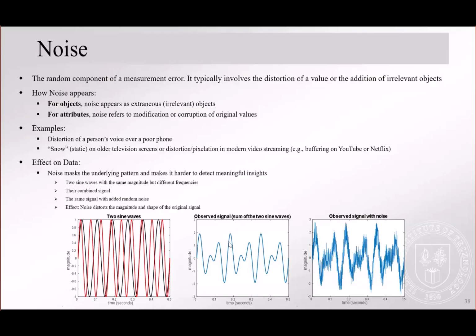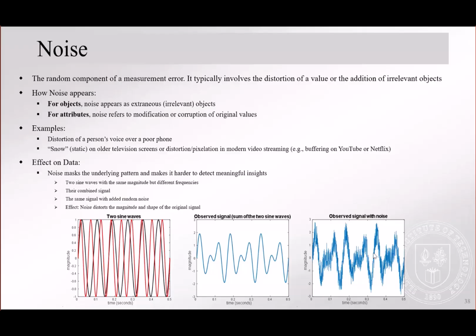In the middle here, we combine these two waves together, and the result is still a smooth signal, but a bit more complex. Importantly, it's still clean and structured. We can clearly see the pattern. On the right here, we take that same combined signal and add some noise.